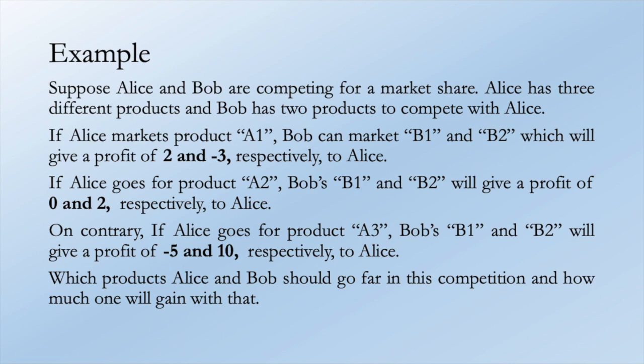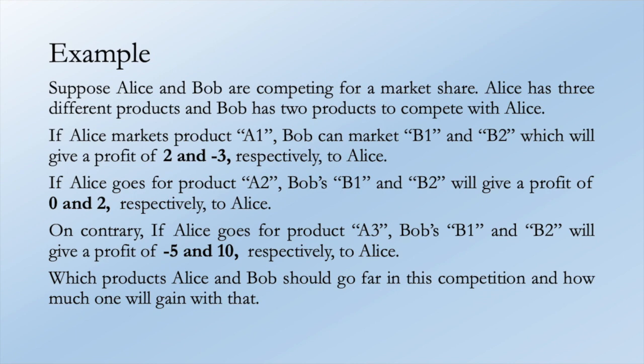Let us consider a scenario that we can formulate as a game. Suppose Alice and Bob are competing for a market share. Alice owns 3 different products and Bob has 2 different products to compete with Alice. If Alice markets product A1, Bob can market either B1 or B2, because Bob has only 2 options, and this will result in a market share of 2 or -3 for Alice.